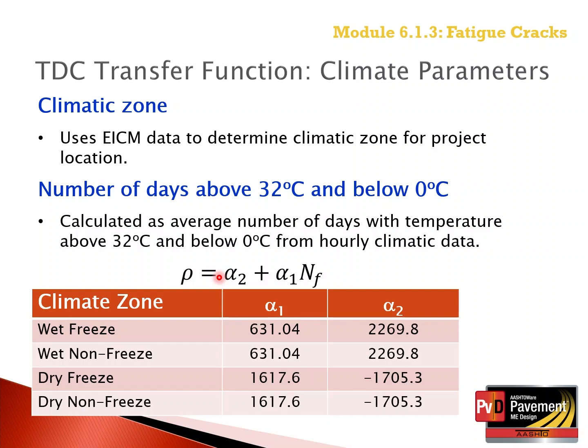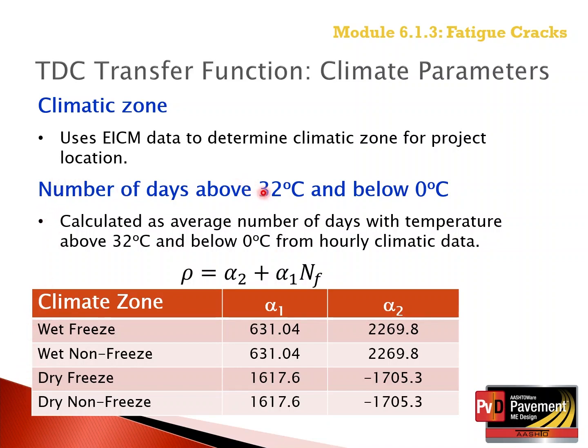Remember, climate was discussed in Module 442 in terms of the inputs to the Pavement ME program. So the climate zone uses the ICM data to determine the climatic zone for a specific project location for predicting top-down fatigue cracks.